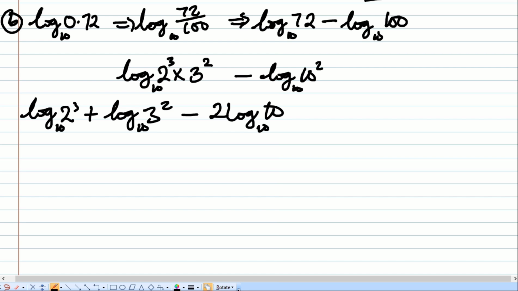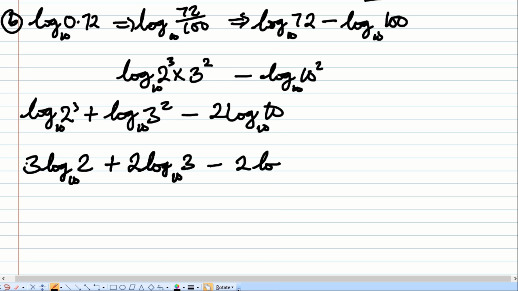Now I'm going to move this using the power law again. I have 3 log base 10 of 2 plus 2 log base 10 of 3 minus 2 log. Now I don't need to write the log again, because if you remember, logarithm of a number to its own base is 1. So log base 10 of 10 is 1 from the laws that we considered in the previous video. So that would be 2 times 1, which is just 2.